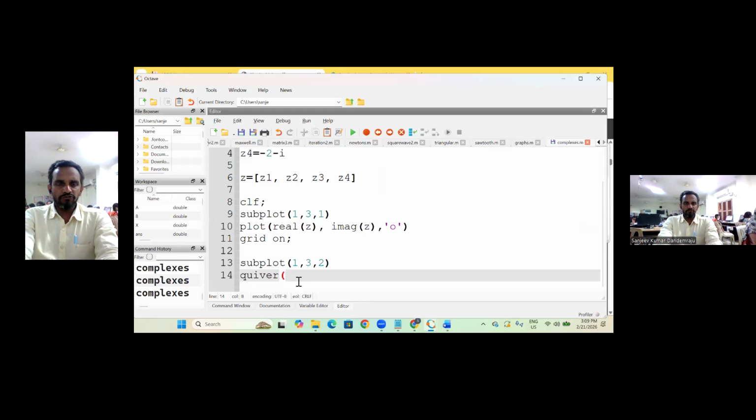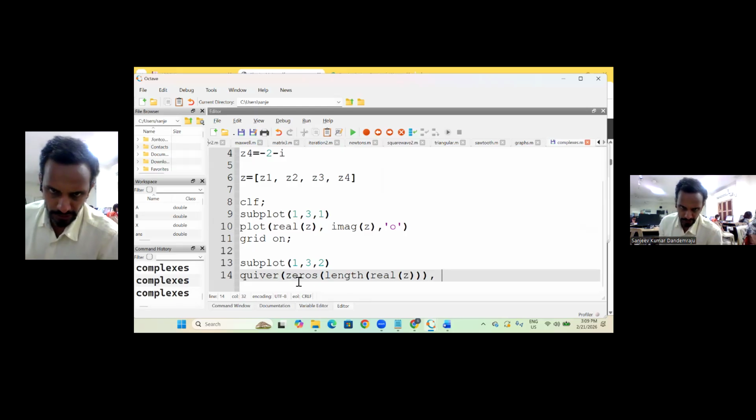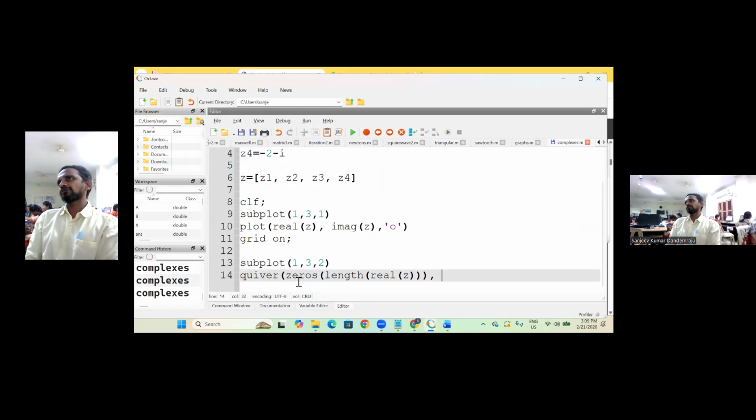So starting point for x coordinate is origin. So it is zeros equal to length of real part of z. So my starting point is all zeros equal to length of real part of z.